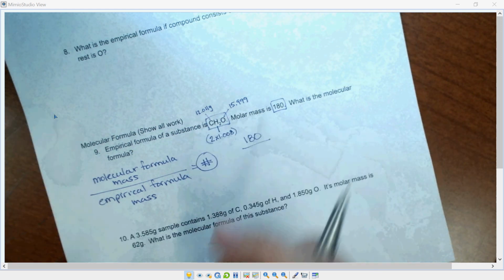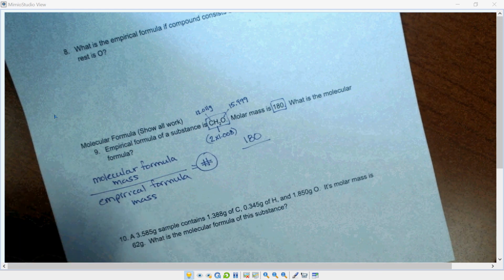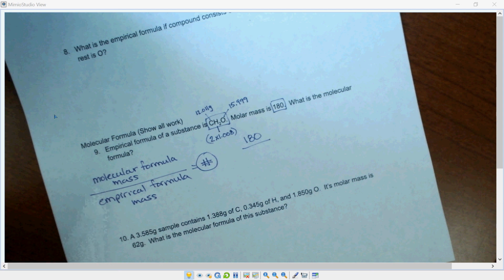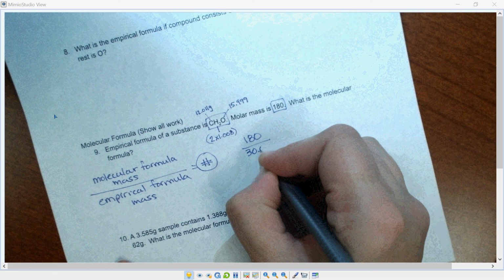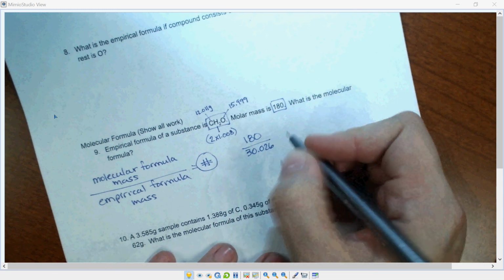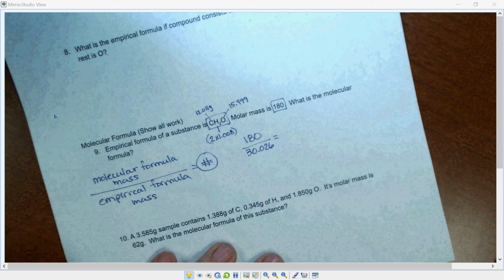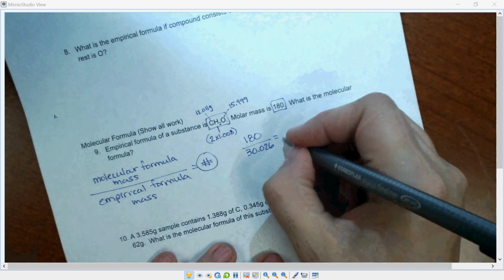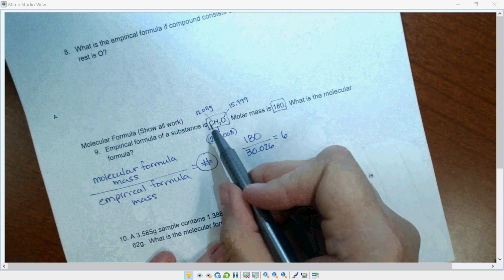I add all those things together, which I'm going to do real quick, and I get 30.026. So when I divide those out, 180 divided by 30 is almost exactly 6. And now I just take that number and multiply it by the subscripts.